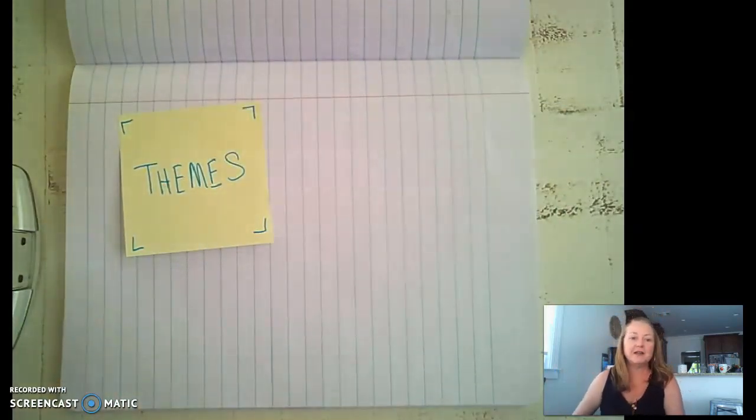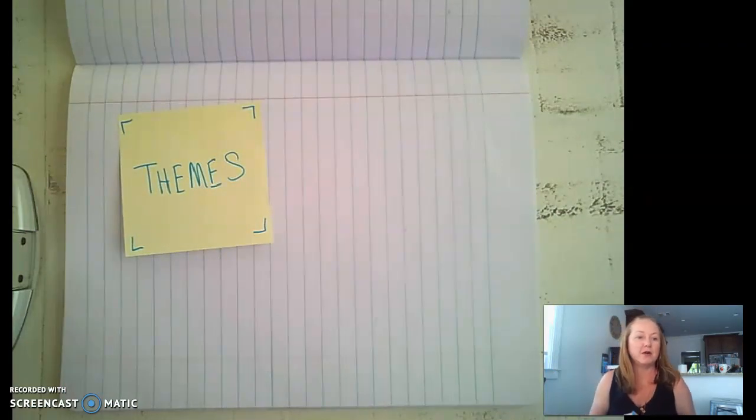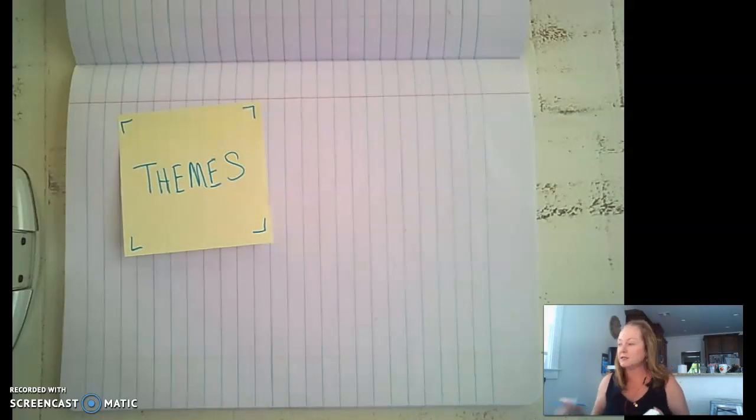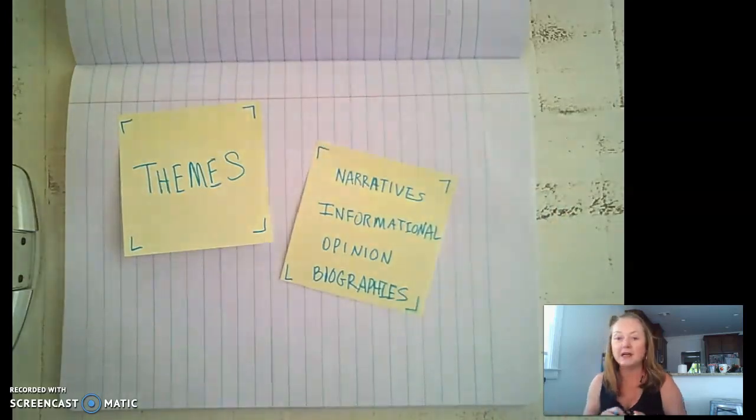We've been noticing that there are several themes that are reappearing consistently in many fantasy books. But if you think about it a little bit longer, some of those same themes can be found in other genres as well, not just the fantasy genre that we're in right now. So they can be found in narratives, informational, opinion, and biographies.